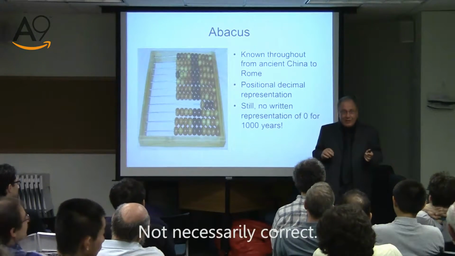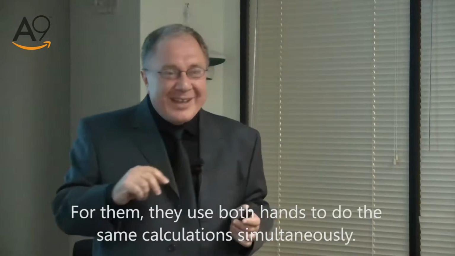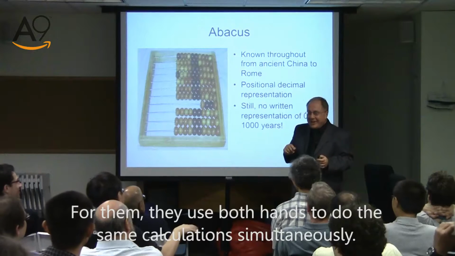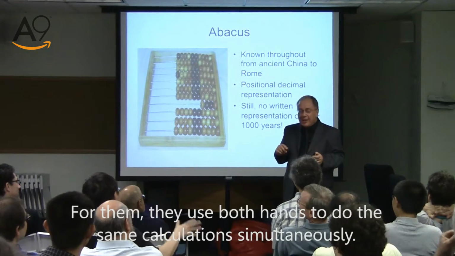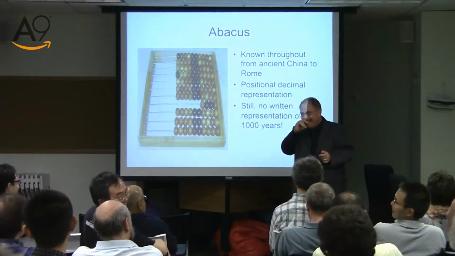Not necessarily correct. Not because they couldn't. Well, moreover, it was correct from their point of view. They used both hands to do the same calculation simultaneously. They knew what the result should be. So it's right.